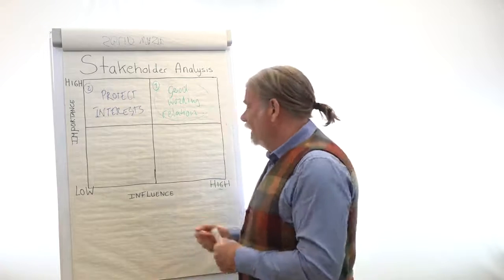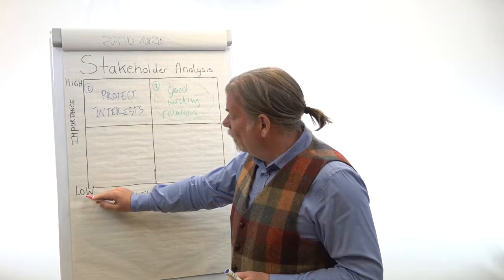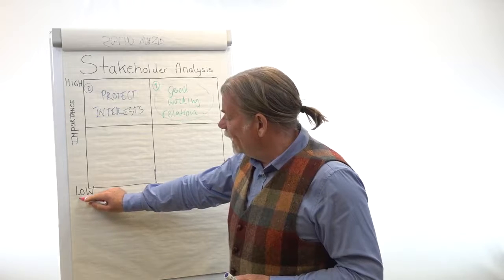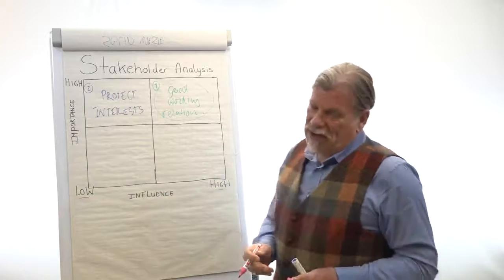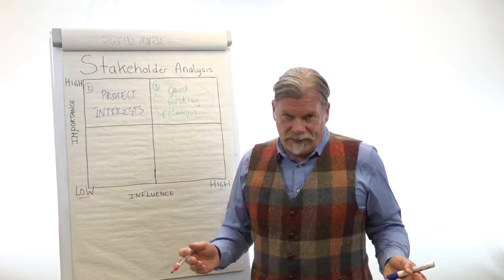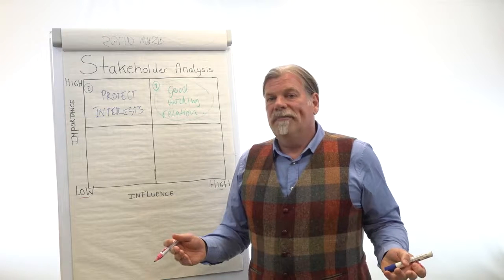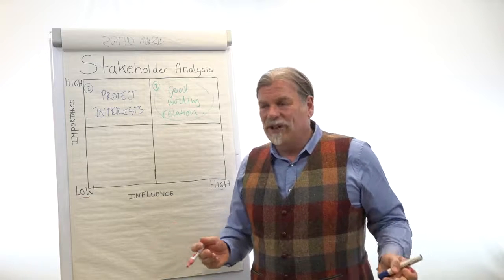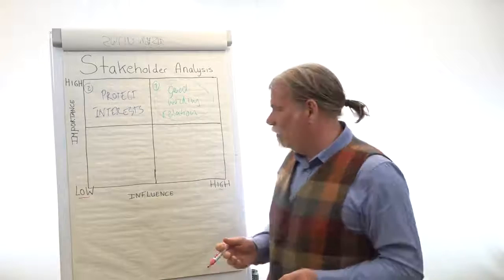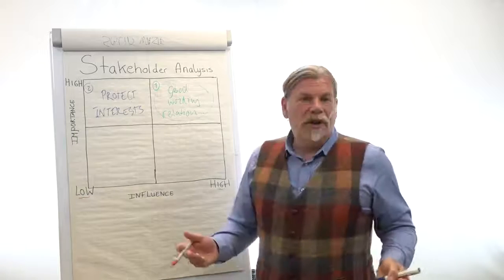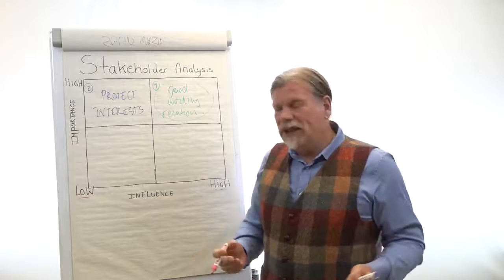Let's go now, let's say, to the other one. Let's say the people or the stakeholders that have low importance and low influence. Might be, let's say, the rest of the public. They're not specifically interested in your project. They don't have a specific benefit from your project. They learn about it maybe through the social media.